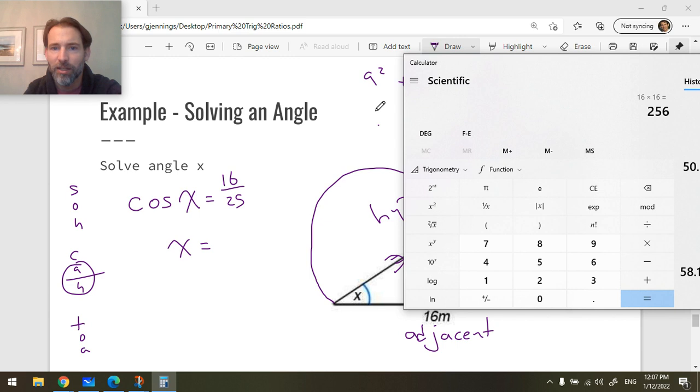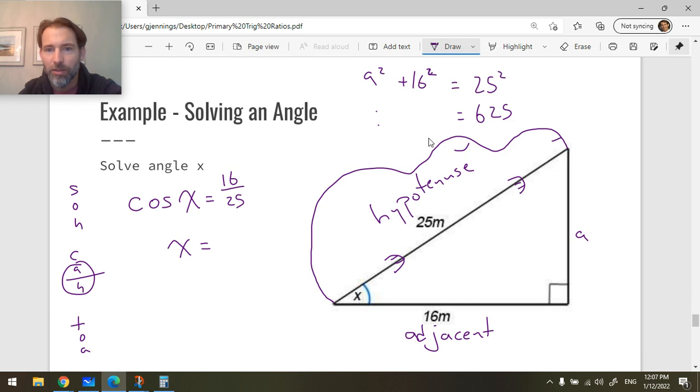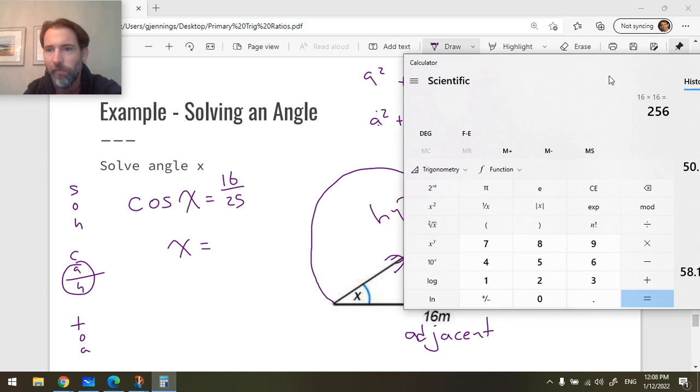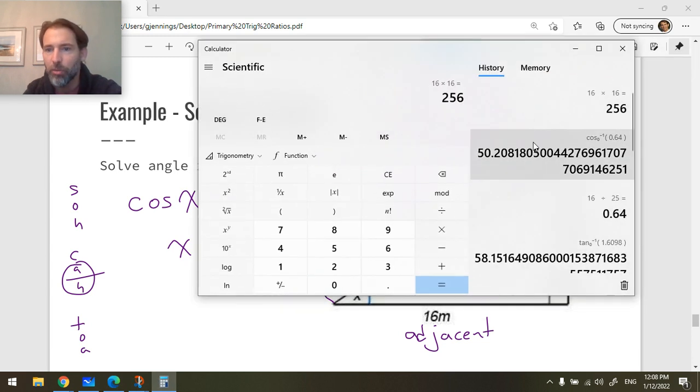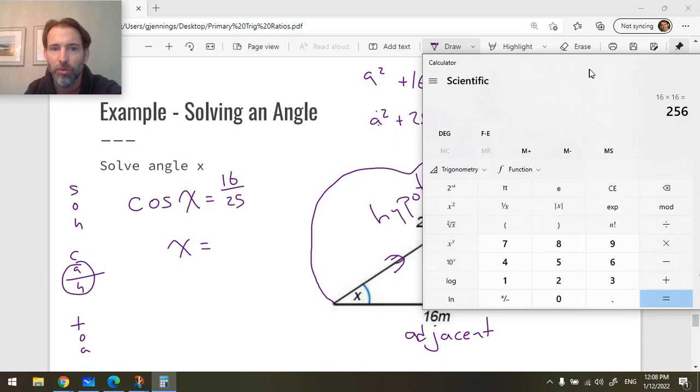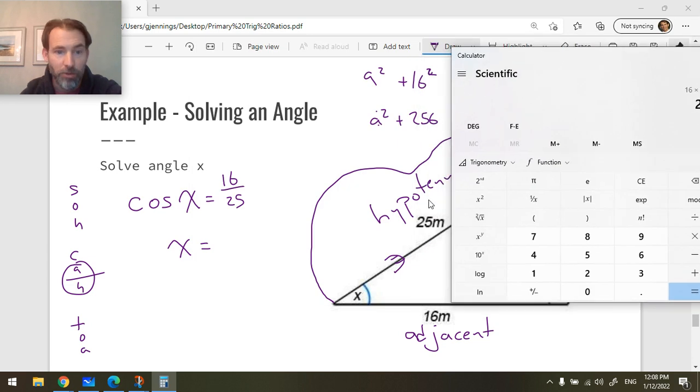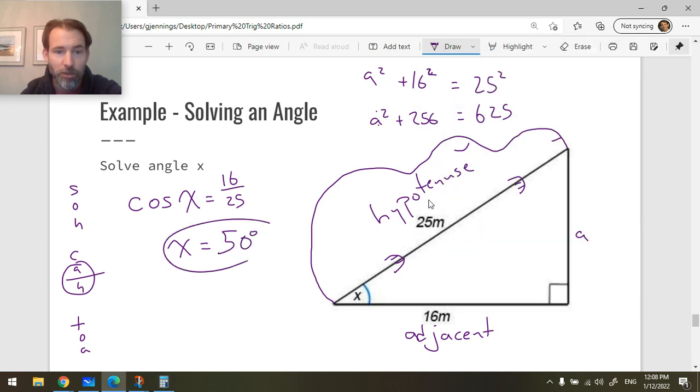It's 256. Since that's less than half of 625, this must be bigger than that. In our diagram this doesn't look bigger than that. So this is indeed 50 degrees, and the diagram should properly be drawn that way. Whatever we had on our calculator, 50.2, we're going to round to just 1 degree. So this is 50 degrees, and that's correct.